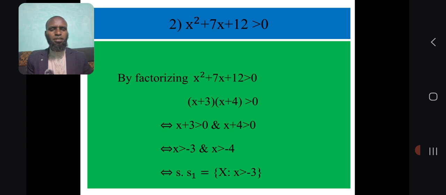If the inequality is greater than 0, the product of two numbers is greater than 0 if and only if both the numbers are positive or both the numbers are negative, because the product of two positive numbers is positive and the product of two negative numbers is also positive. That leads to the first solution.